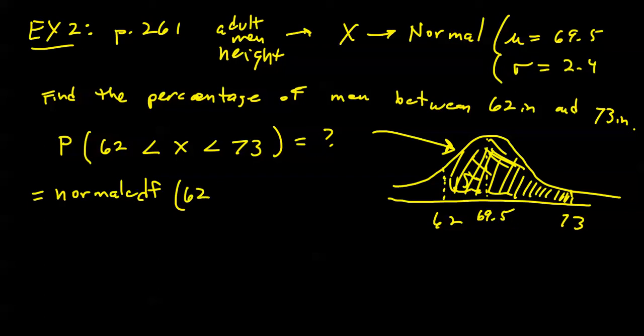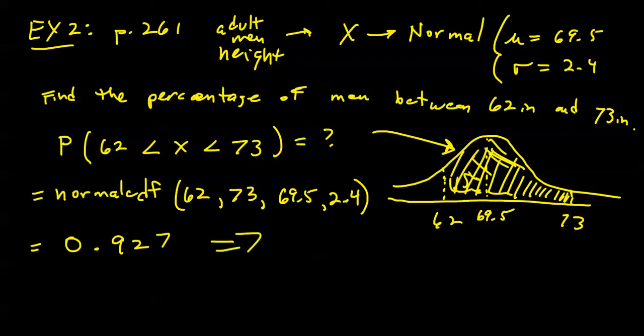The left bound is clearly 62, the right bound is 73. The non-standard mean is 69.5 and the standard deviation is 2.4 inches. I'll punch this out in my calculator and I get 0.927, rounding off. This tells me that 92.7% of men satisfy this height requirement.